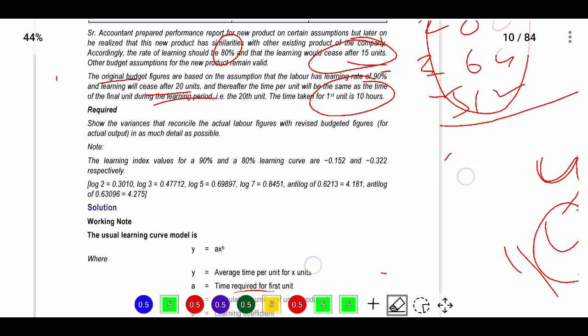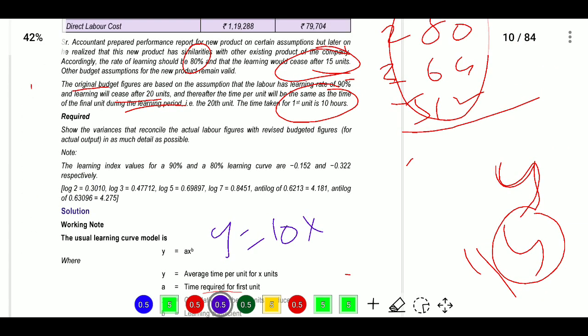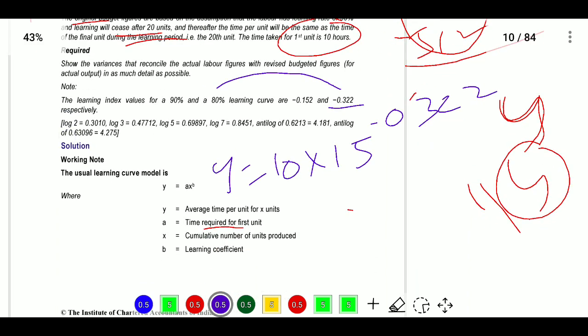We will calculate here clearly. So y is equal to how much time you require: 10 into 15 to the power of minus 0.322, for the 80% learning curve efficiency. We are taking this because we are calculating the 80% curve, and we want it up to the 14th also. For the 14th we will take 10 into 14 to the power of minus 0.322.